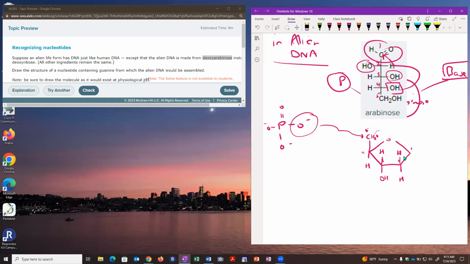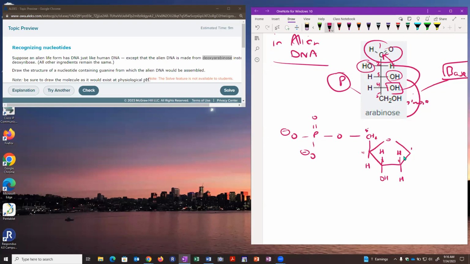So we're going to connect it via a bond. It's going to be a phosphate ester bond. So there's my O to the P, and everything else is going to be the same. These 2 oxygens have negative charges, and then I still have my CH2 on carbon number 5. So that's my sugar. There's the phosphate.